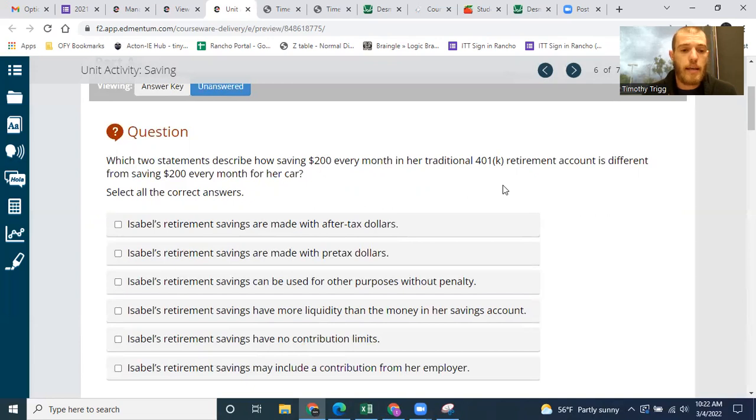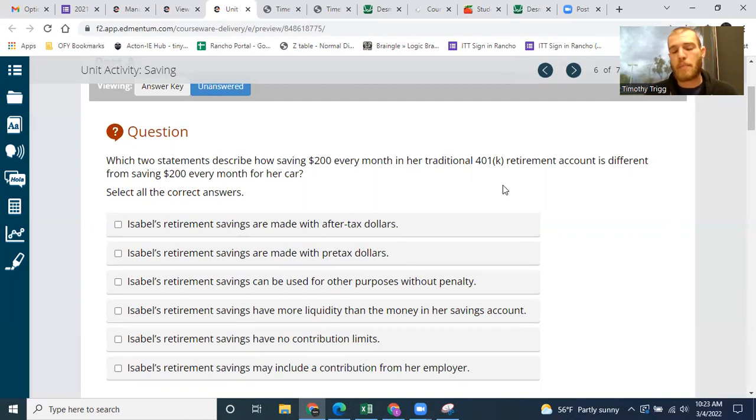And another key thing is that in retirement accounts, you have a certain contribution limit, and that depends on whatever your retirement account is set up with your employer, but generally it's quite a bit of money is the limit. Most people don't even get close to their limit. So that's usually not a big deal because people usually don't contribute up to the limit, but yeah, there is a limit.